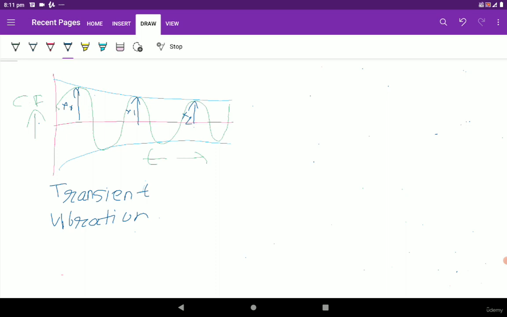Now if we plot the particular integral with respect to time, then we are going to get a plot something like this.